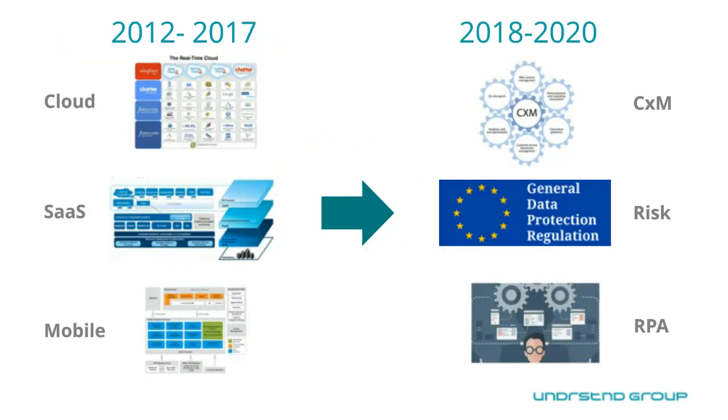Just as we came to terms with the challenges and opportunities of cloud, software as a service and mobile apps, which now seem to be drifting away into the past, we are confronted with a host of new opportunities and new technologies.